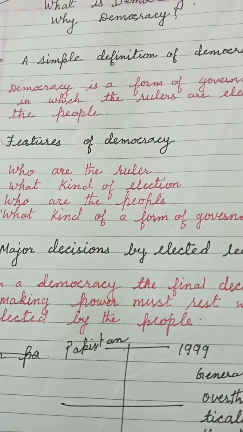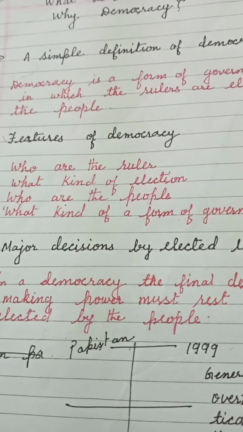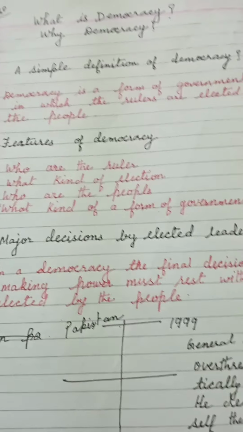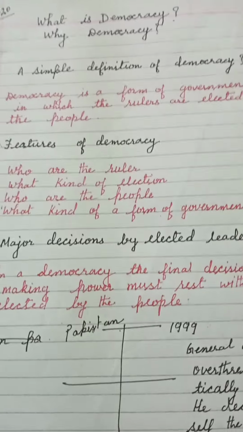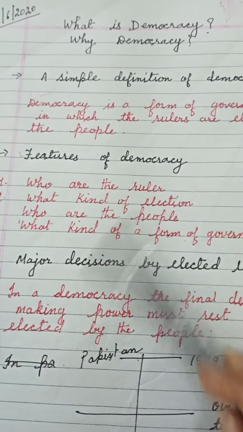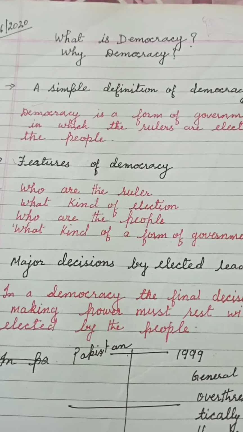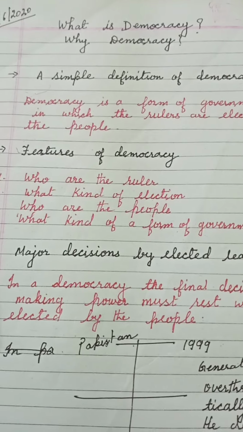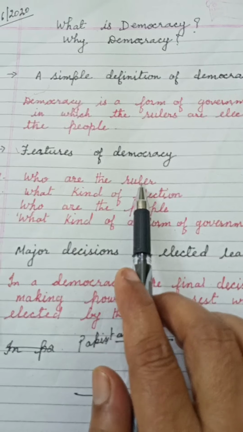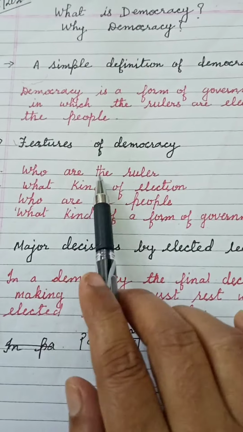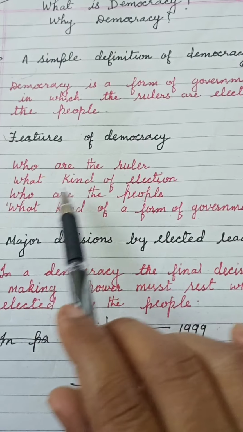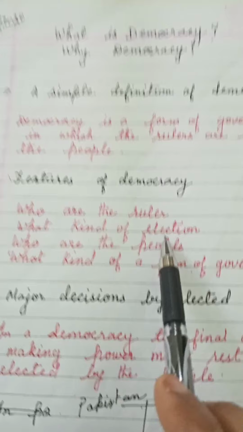But here we are going to see something else from what we have studied in previous classes. Let us see the features of democracy. As you can see, the first feature of democracy: who are the ruler? Second feature of democracy, what kind of elections?